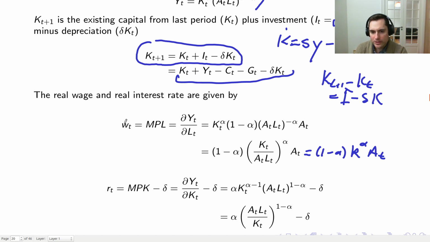This is wages per worker. If we had wages per unit of human capital, then it would be W_t divided by A, and then that looks very similar to what we had previously.